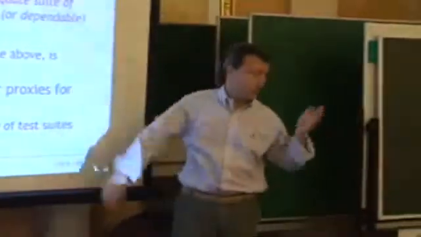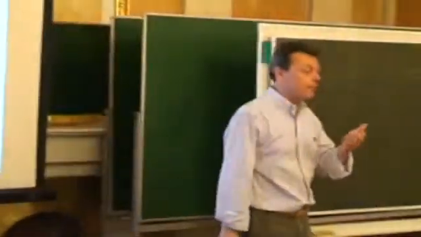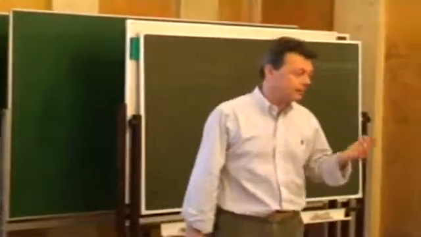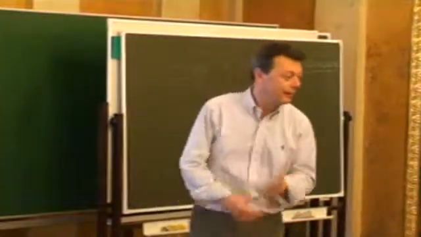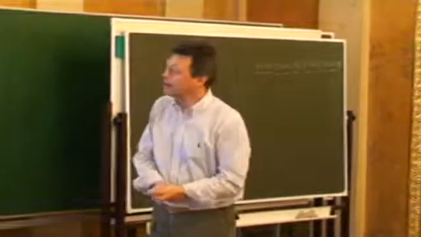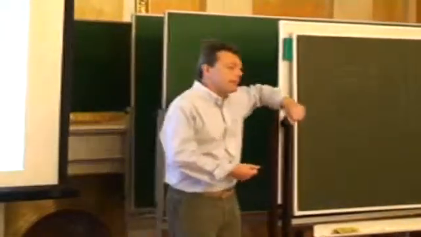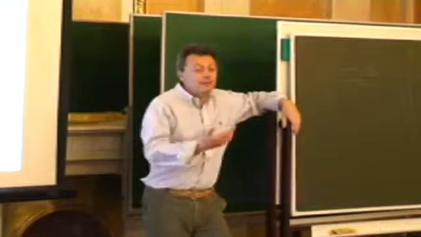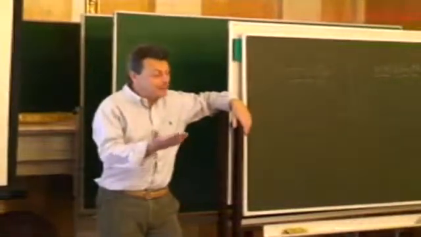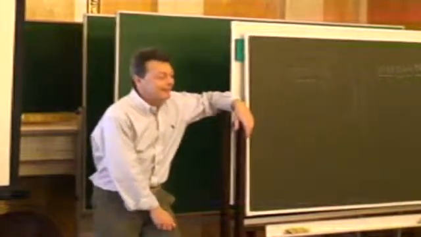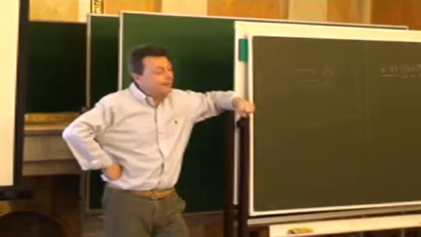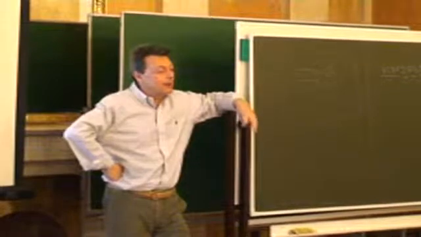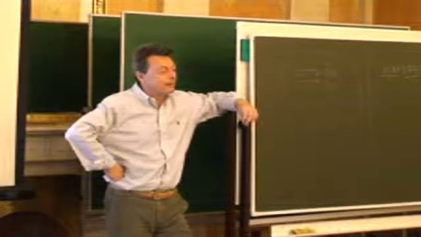So you all know that even if I do have 100% statement coverage, the system may not be correct. So that is definitely the case where it's not adequate. Now the question is, do you know any criterion, which of course may be infeasible in terms of applicability, that would actually satisfy this property?